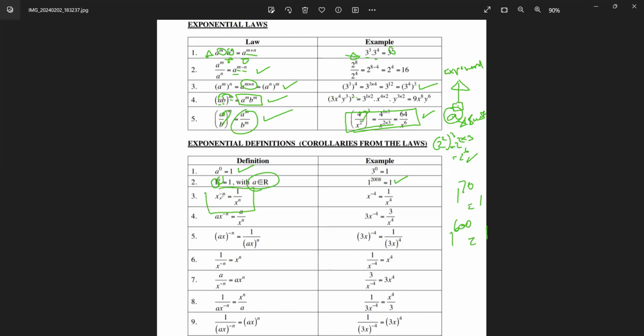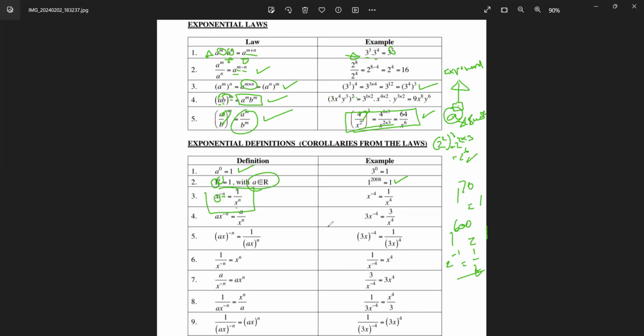Always, if you have a number to the exponent of a negative number, it can be converted into a fraction like this. Then again, x to the exponent negative 4 is equal to 1 over x to the 4, like that. If you have 2 to the negative 1, this is equal to 1 over 2, always. These things don't change. They are always like that.